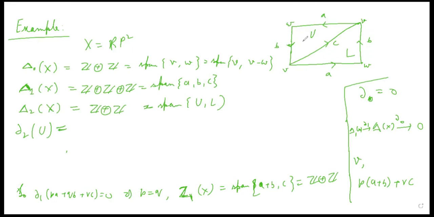Sorry, U is this one, so we can consider VW the V, something like this. So this orientation. Then this is going to be... So if you remove this one, then you have WV with the positive sign. So it is B.